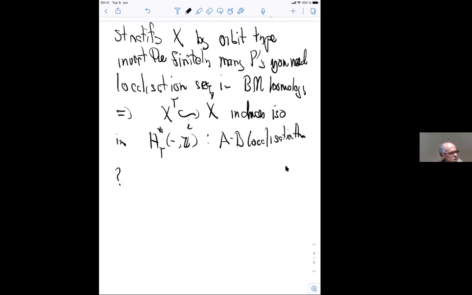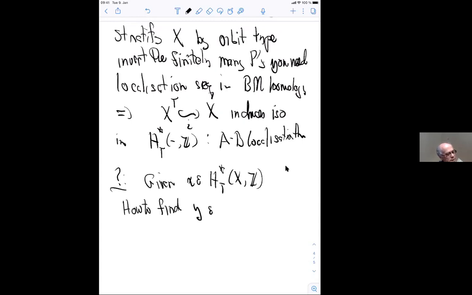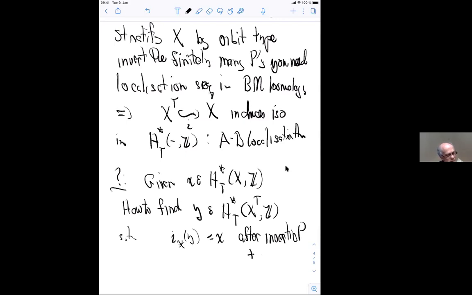And now that raises the question: given some element X in your equivariant cohomology, how to find some Y in the equivariant cohomology of the fixed points, such that i lower star of Y is equal to X after inverting something, plus maybe something else.